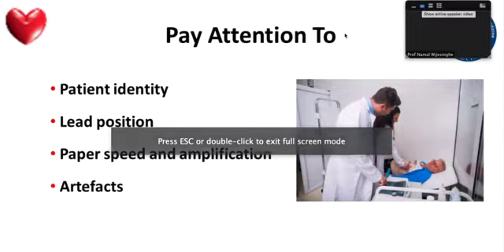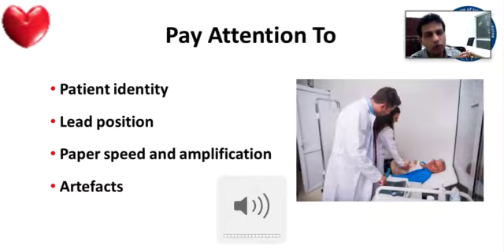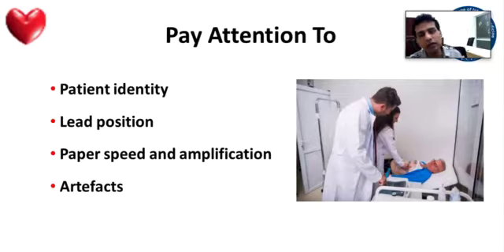And another thing, I will show you an example, is paper speed and the amplification. Sometimes people don't know much about taking ECG, especially when they come with ECGs taken in the private sector from small dispensaries and clinics, and some trained people doing ECGs might end up not correcting the proper paper speed and amplification.